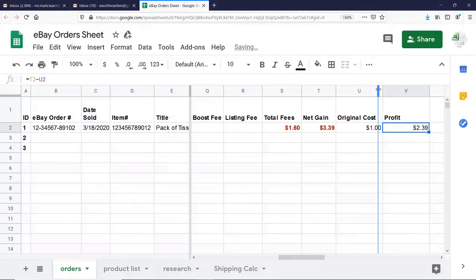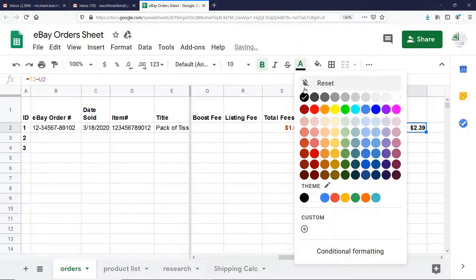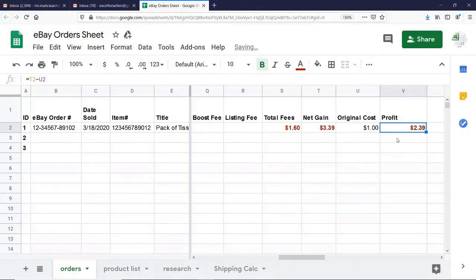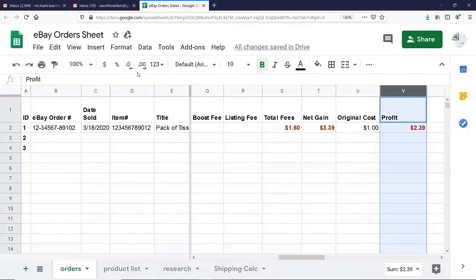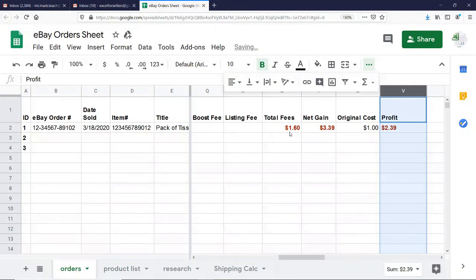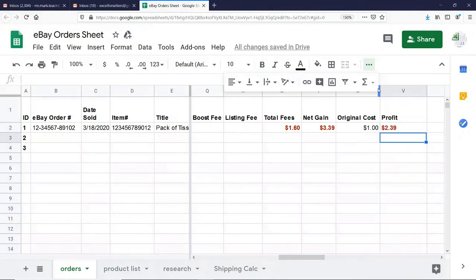Okay, so yeah, that's pretty much how it works. I mean, I would bold this and perhaps change the color or something, but that's an order sheet. This is what I would typically do, or what I'm doing right now to keep track of orders, and then to be able to immediately, that's the left align, if you want to move things to the left, you can do that.